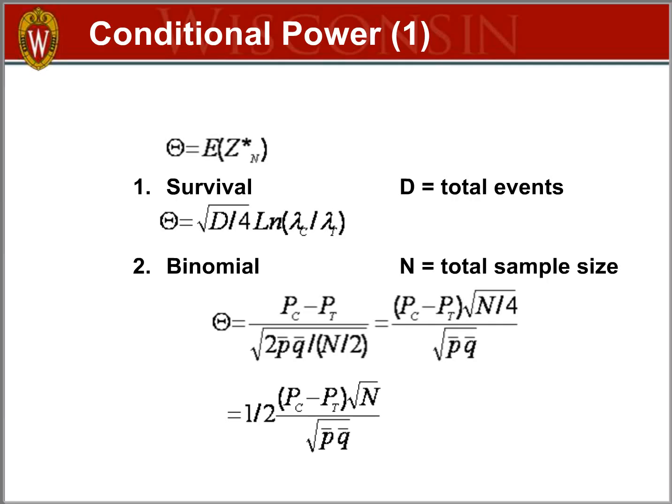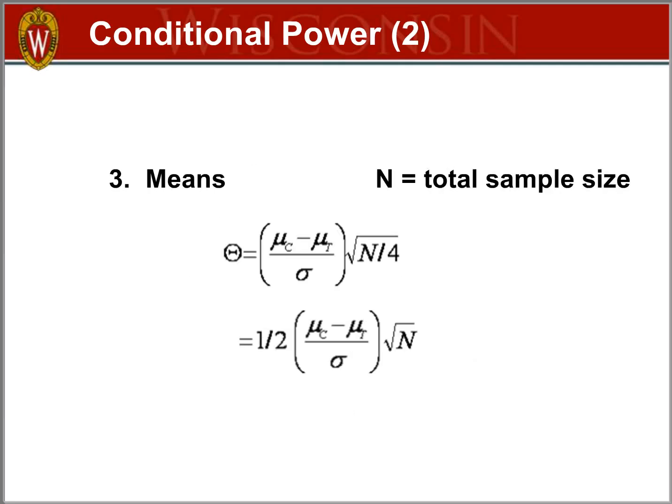Again, simple calculations. This is the value for differences in means: the assumed mean difference, the standard deviation sigma, and the number of patients you expected to randomize. The details are not so important as the idea that the components of this are things you already know, are really simple, which makes the whole computational aspect of conditional power quite doable.